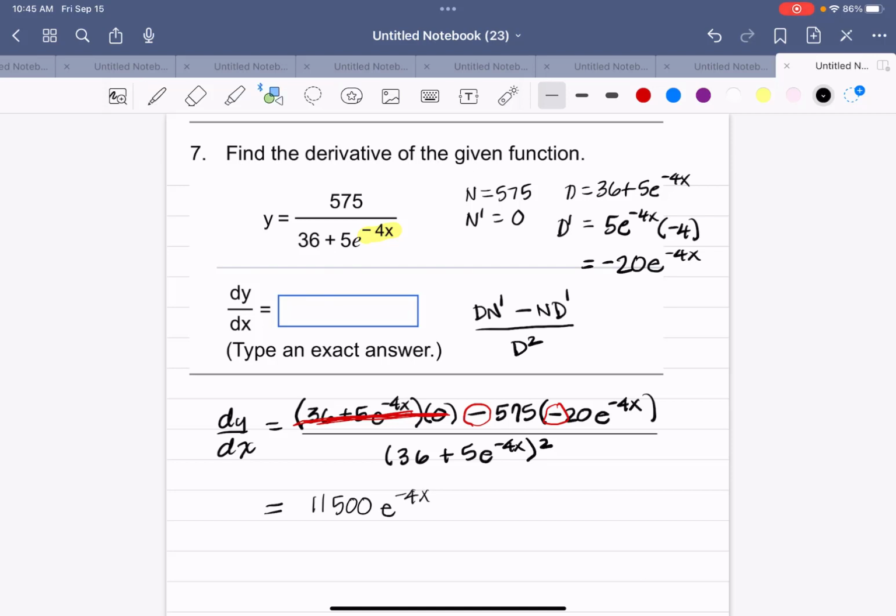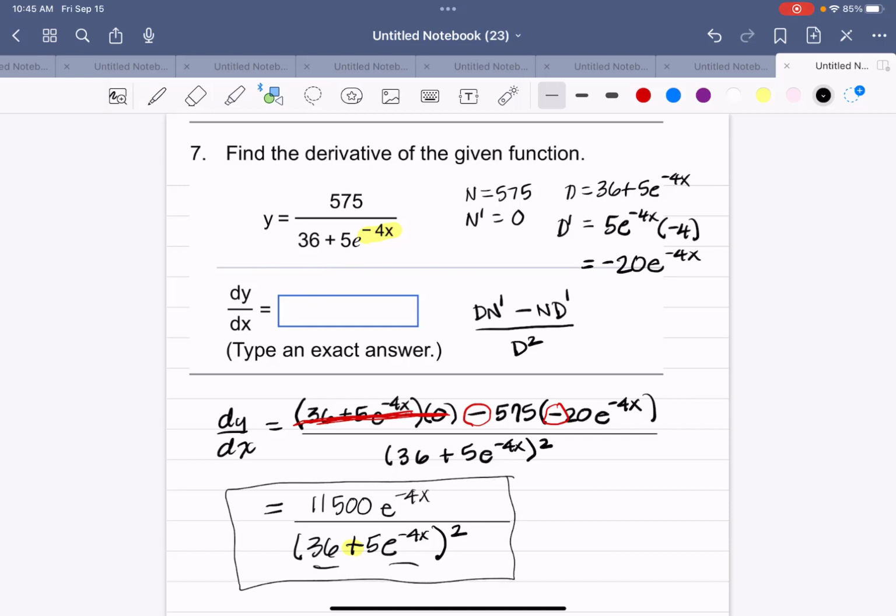All of that is over 36 plus 5e to the negative 4x quantity squared. Now, because of this plus down here, we're not going to be able to reduce that in any way because these two terms that are added have to stay together. So our final answer is 11,500e to the negative 4x divided by 36 plus 5e to the negative 4x all squared.